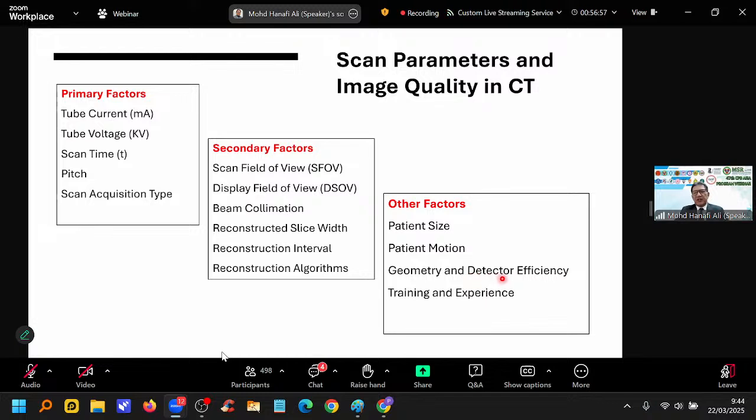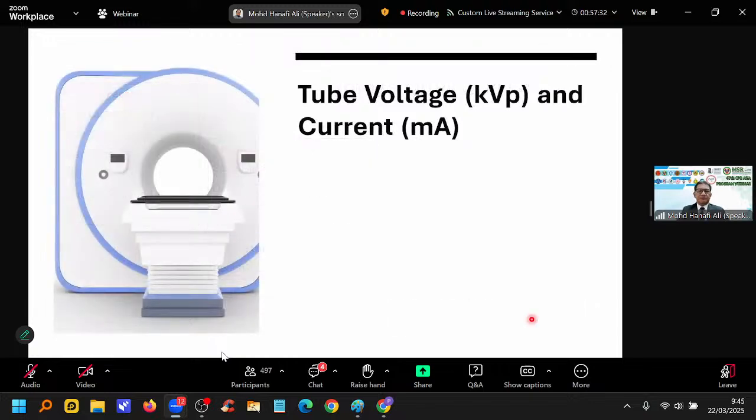Geometric and detector efficiency normally depend on the machine that we use, so we need to know from the manual how our machine performs in terms of geometry, focal spot size, distance, and detector type. And of course, last but not least, training and experience is very important in CT scan examinations as a CT radiographer.